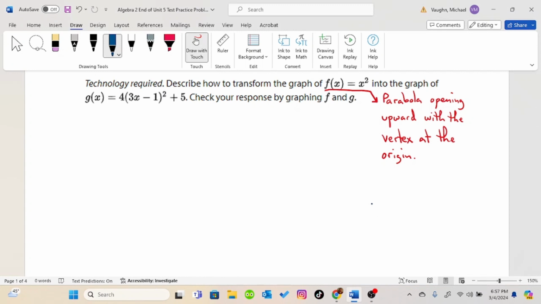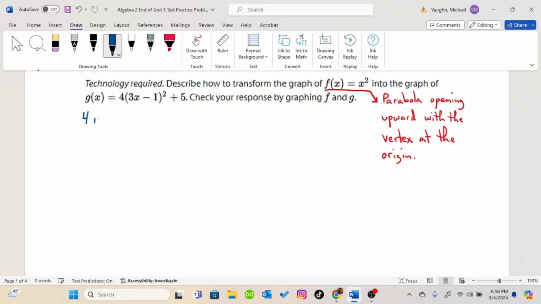We're going to break down the g of x and see what each number does. First, we have 4. 4 is outside the parentheses, so this multiplies and makes the y value 4 times larger.